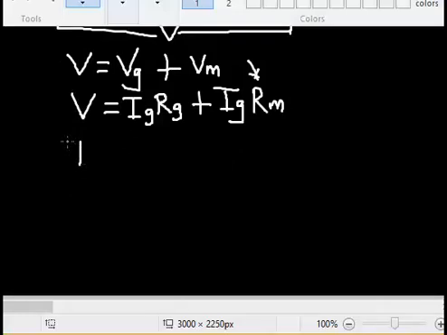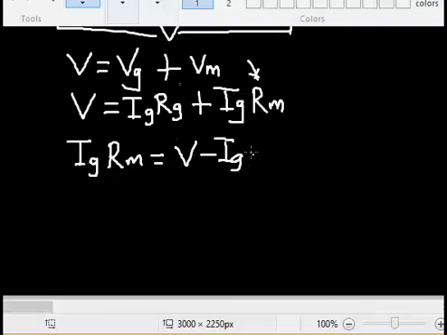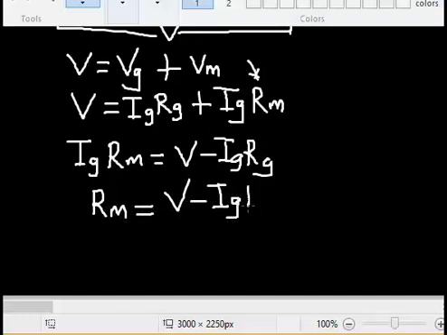So I'm having IG Rm being equal to V minus IG RG. So the multiplier resistance that I need to achieve this conversion is gotten by this formula: Rm equals V minus IG RG, then divided by IG.